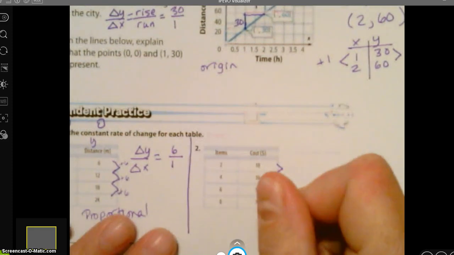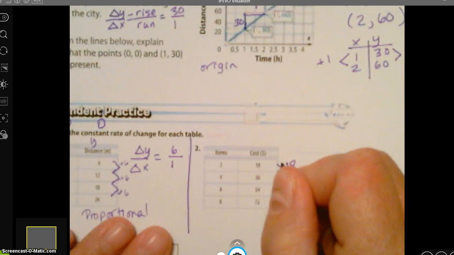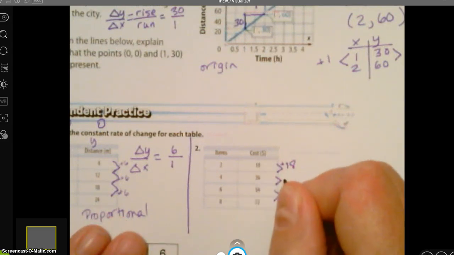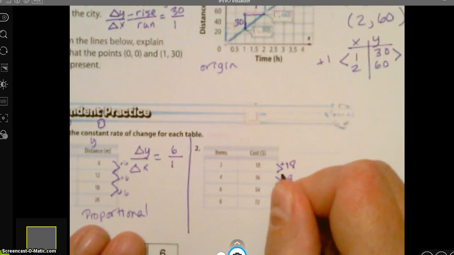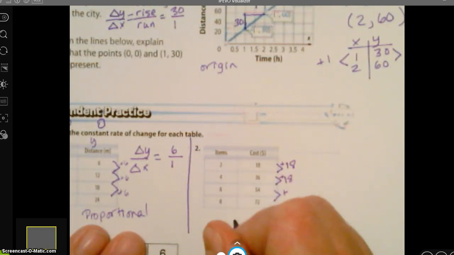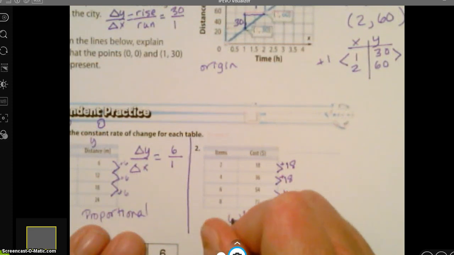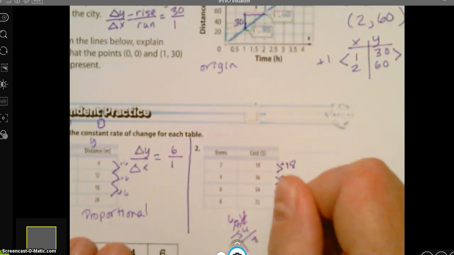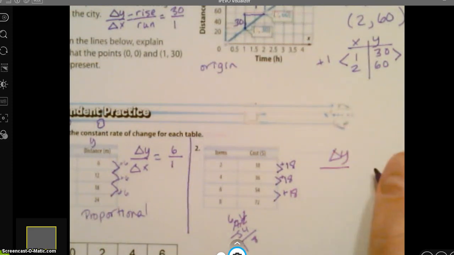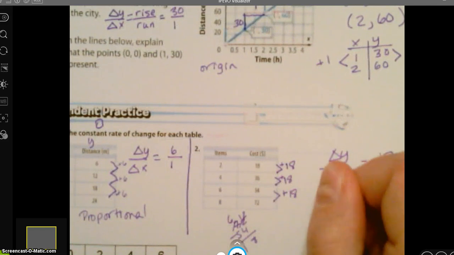Okay, so 36 minus 18 is 18. So 18 plus 18 is 36. 54 minus 36 is 18. It went up 18. And again, 72 minus 54 is 18. So my delta y, my change in y, is 18, or a positive 18.